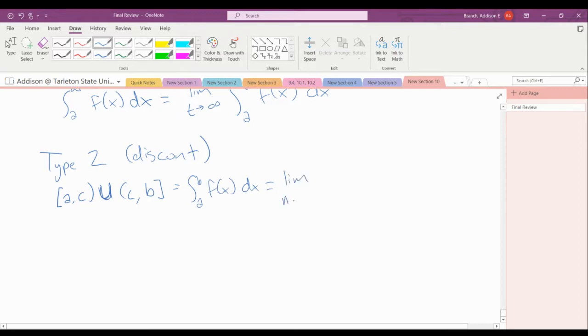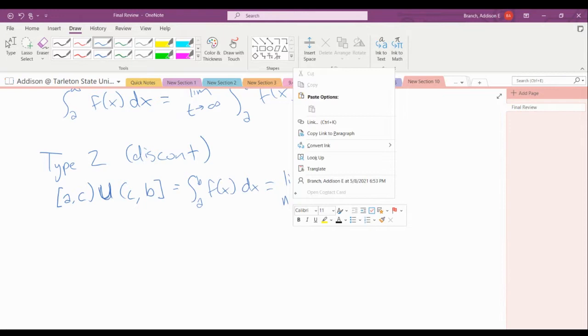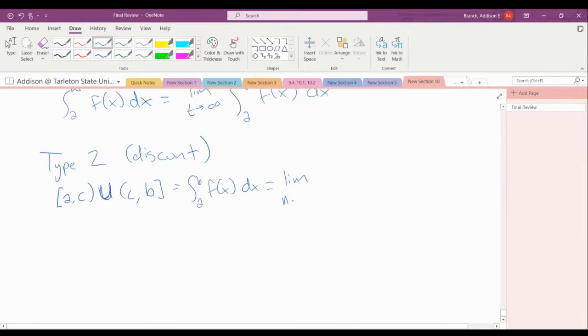For example, if you have a discontinuity c between a and b, you can say the limit as t approaches c from the negative side of the integral from a to t of f of x dx, plus the limit as t approaches c from the positive side of the integral from t to b of f of x dx.